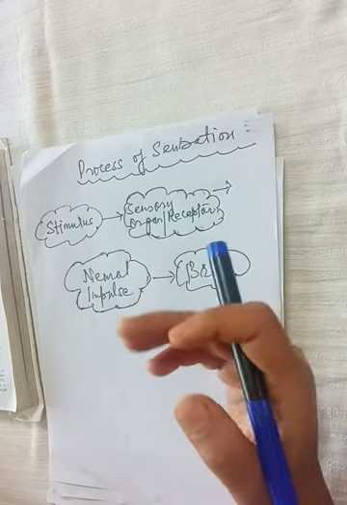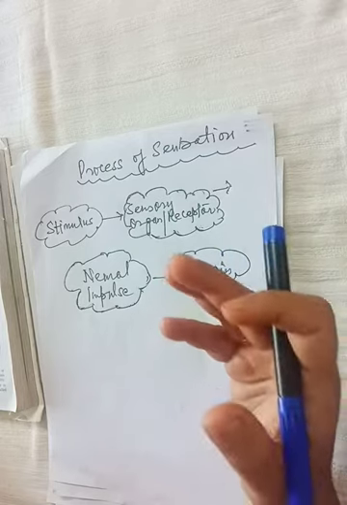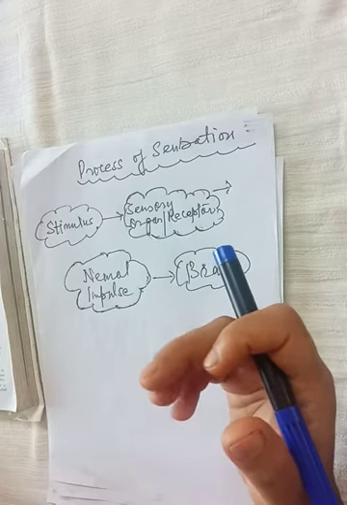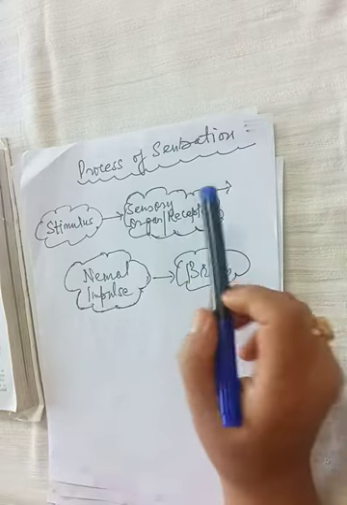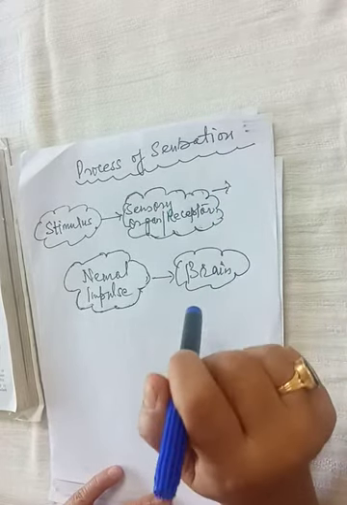No sensation, no perception, no response, no behavior. So the whole thing regarding psychology and human behavior revolves around the basic elementary process, which is called sensation. That is why this is an important process.